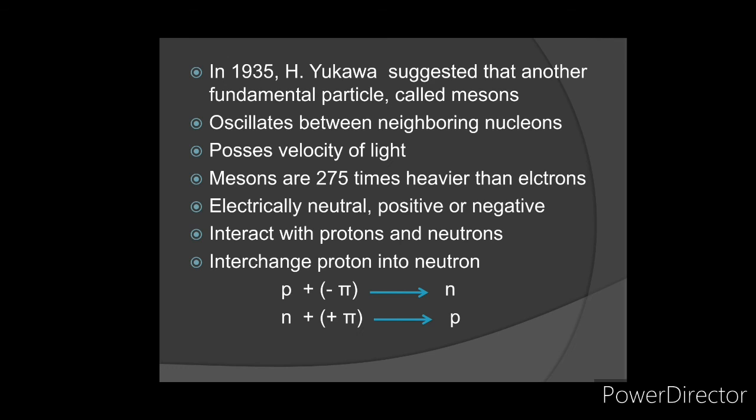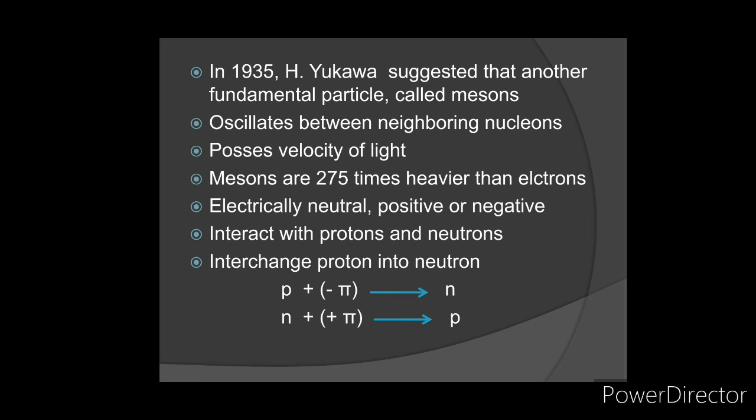So there is an exchange of meson particles back and forth between neighboring nucleons, and this results in an attraction between the neutrons and protons. Two protons or two neutrons attract each other by the exchange of neutral mesons.